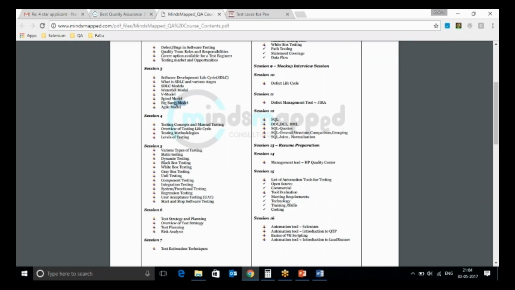Agile, which is the most significant one in the current market. If you are working on waterfall model, you are kind of ancient, because agile is the current thing. Then we have Big Bang model, spiral model, V model, and waterfall model. We'll be covering the various stages of the software testing life cycle in session number 3.